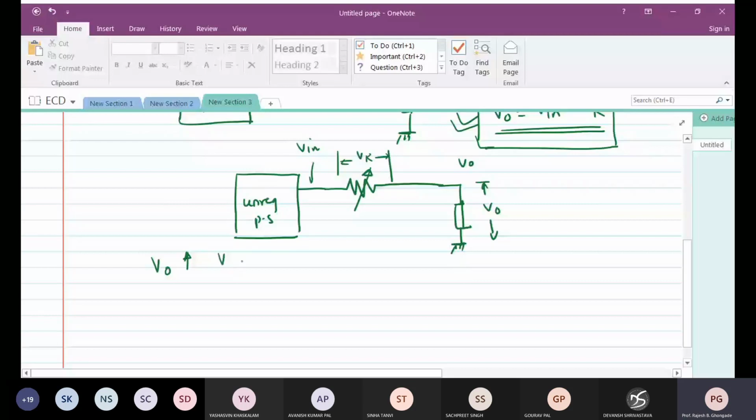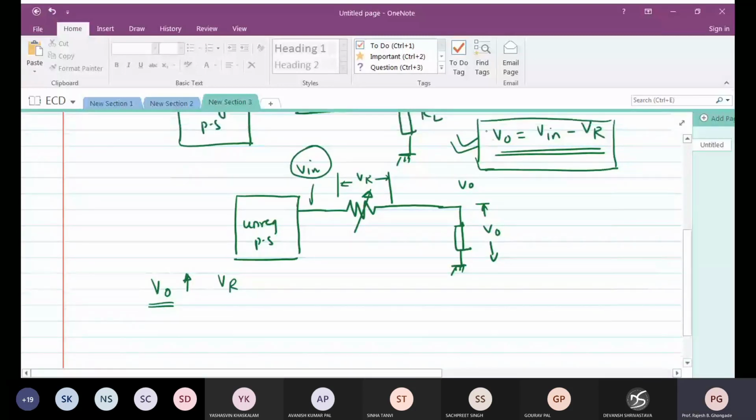Tell me. If I want to maintain this back to the original value, if V in is going to be a certain value, looking at this equation, if VO increases, I don't want it to increase, so I want to compensate for the change. So what should I do here? What should happen to VR?